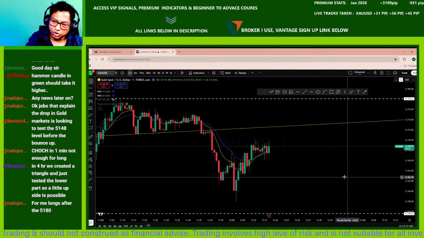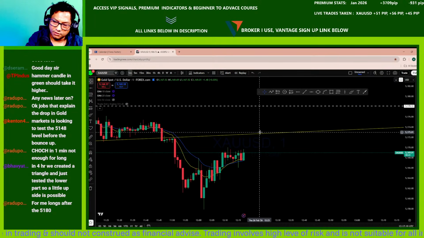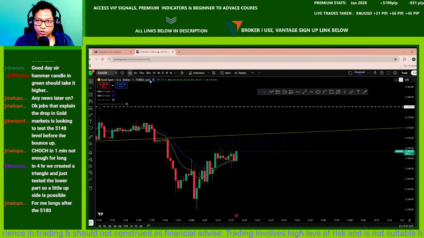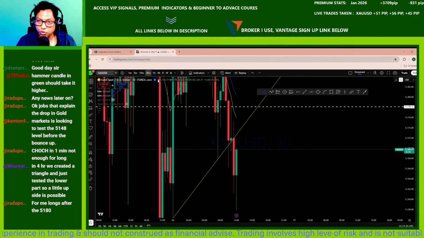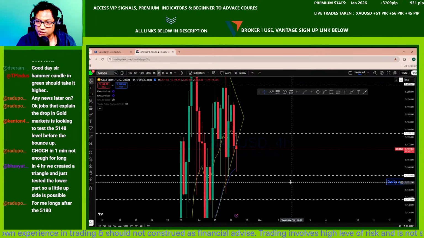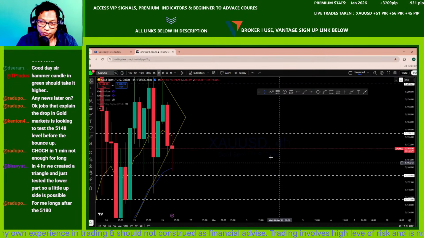The market structure showing here that it is still pushing back towards the upside. So you are looking at still a potential bullish move. From the bigger picture perspective here, you can see the market is showing that uptrend in that area.